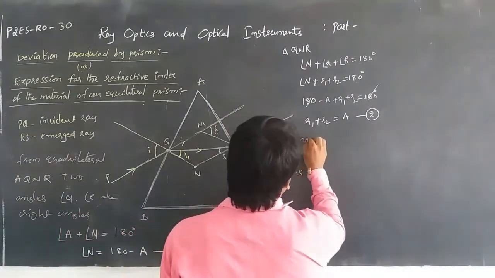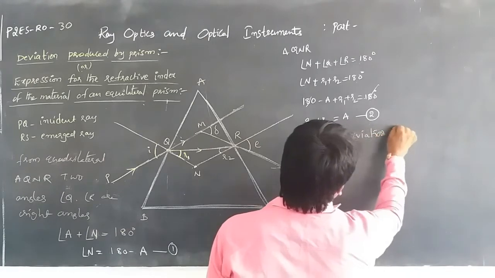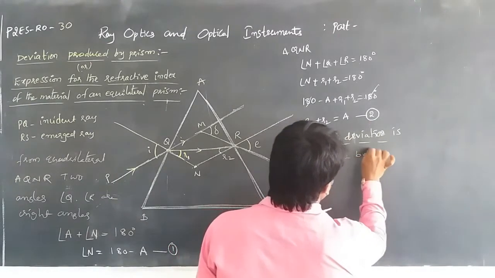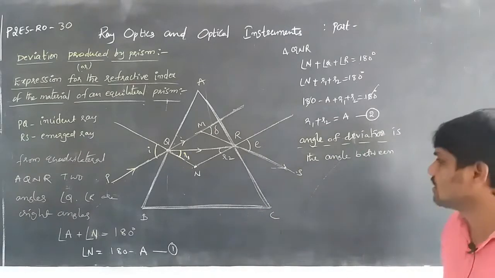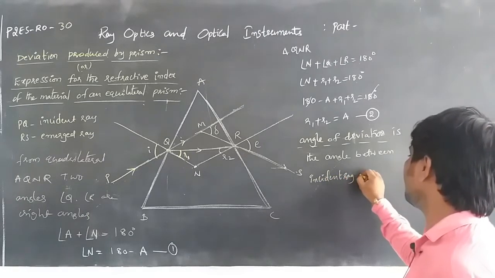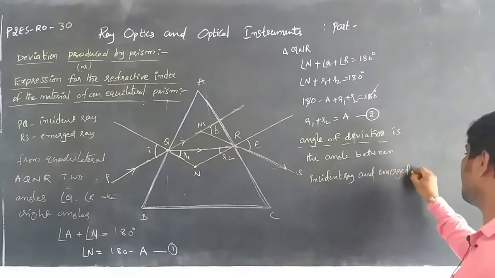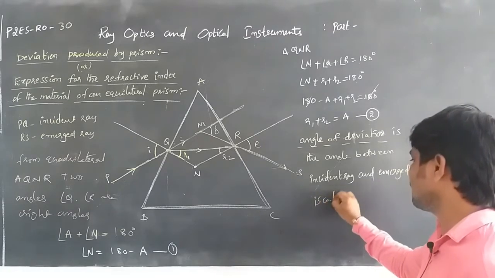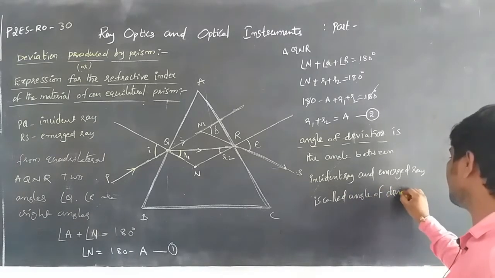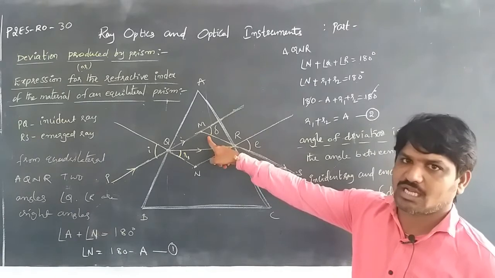The angle of deviation is denoted with delta, as we know.